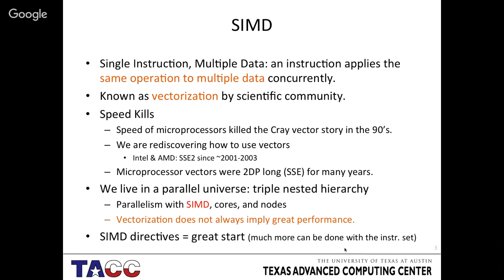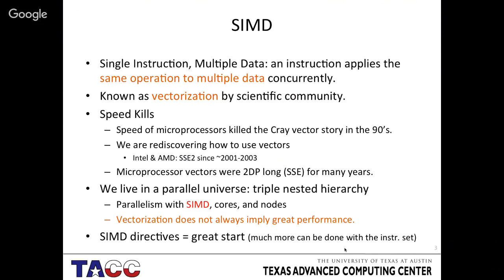That's how it started off many years ago. At Cray in the 90s, they had vector units that had 64 double precision wide capability, whereas today we're not even there yet, but getting there. What Cray did was bring parallel processing at the instruction level.